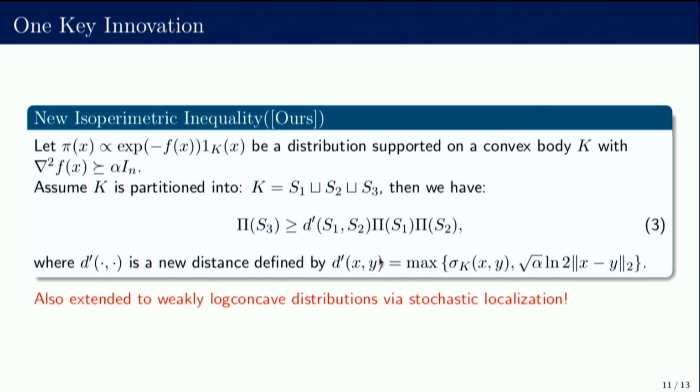And the distance is defined by the maximum of the Euclidean distance and the cross-ratio distance. So basically, the cross-ratio distance is dependent on this convex body K. And we can also extend this result to the weakly log-concave distribution via stochastic localization.